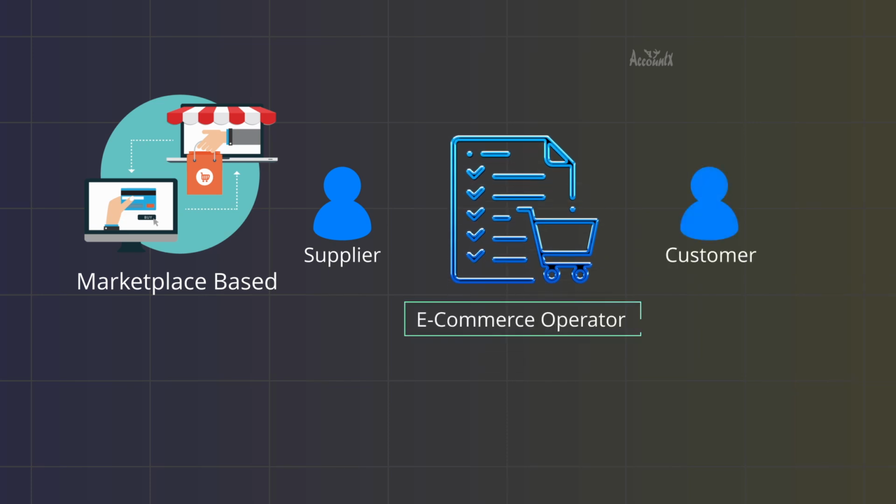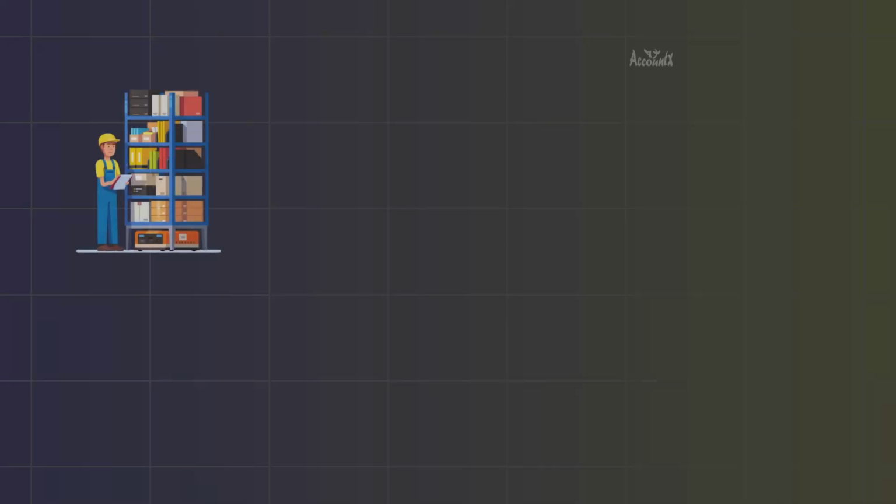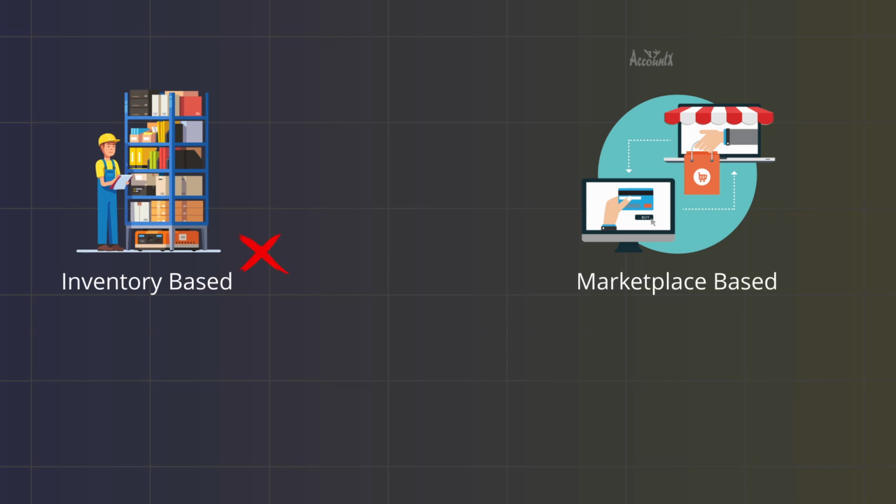So the e-commerce operator here is the facilitator or the intermediary between suppliers and customers. If you have listed your business on platforms like BigBasket, Amazon, Swiggy, Urban Company, Ola, etc., then you follow marketplace-based model. Taxes that we are discussing today, these provisions are not applicable for inventory-based model.